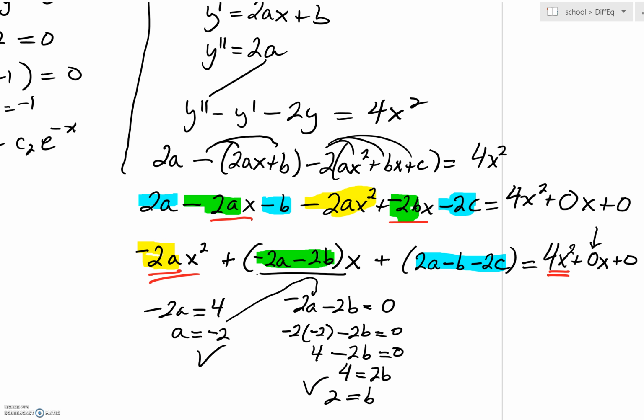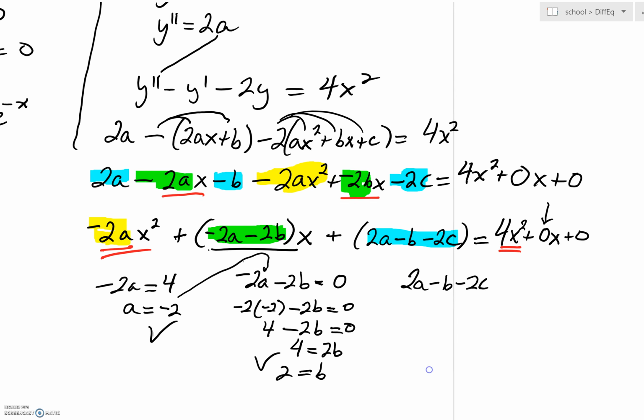And then I come over here to my constant. 2a minus b minus 2c. Well, the constant on the left would have to equal the constant on the right. But guess what? Now I know what my a is. I also know what my b is. And then I can solve for c. Hey, look at that.